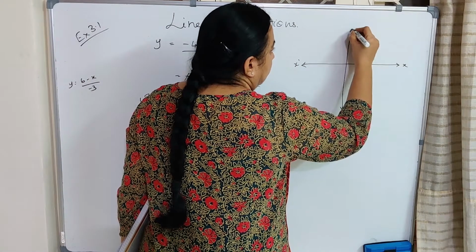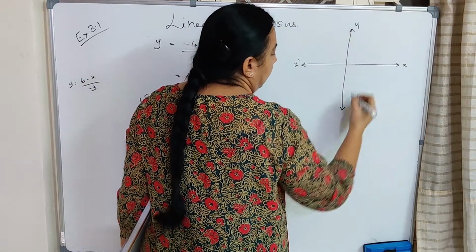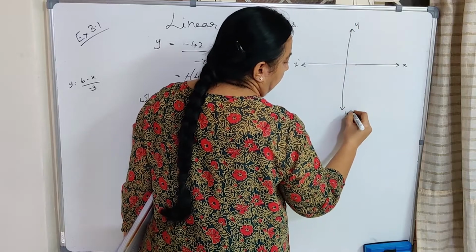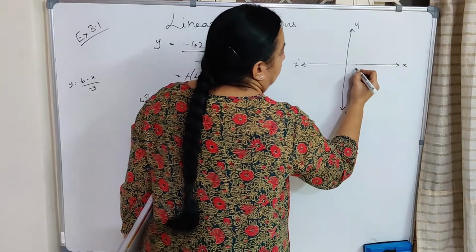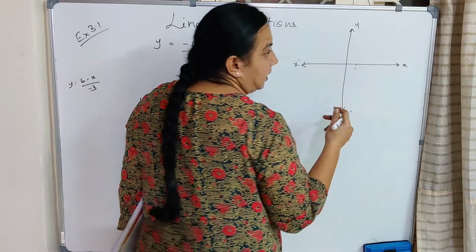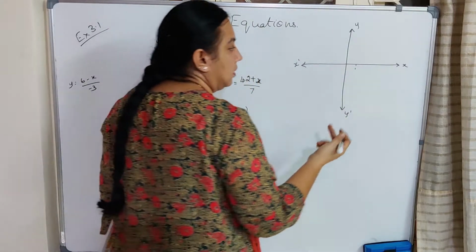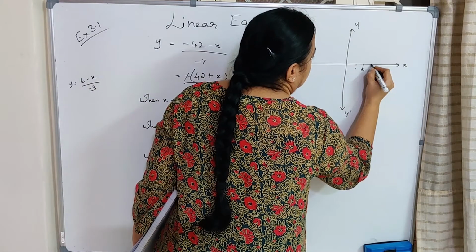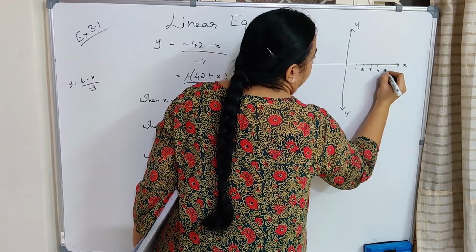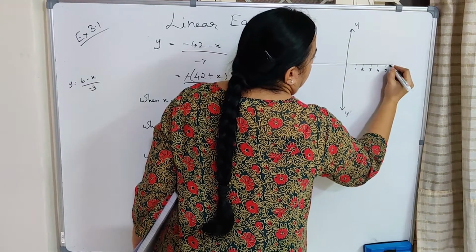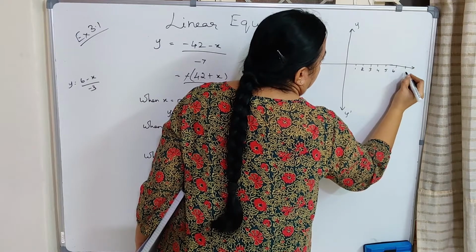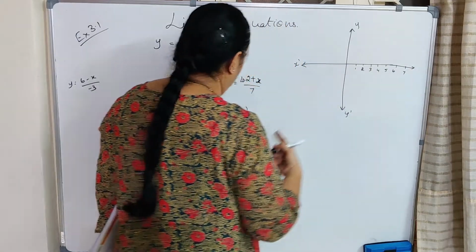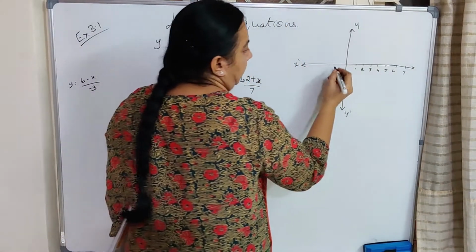Again, the upper side will be y, the positive side, and the negative side will be y dash. I'll mark 1, 2, 3, 4, 5, 6, 7. Because I have taken values up to 7, I marked it up to 7 there.